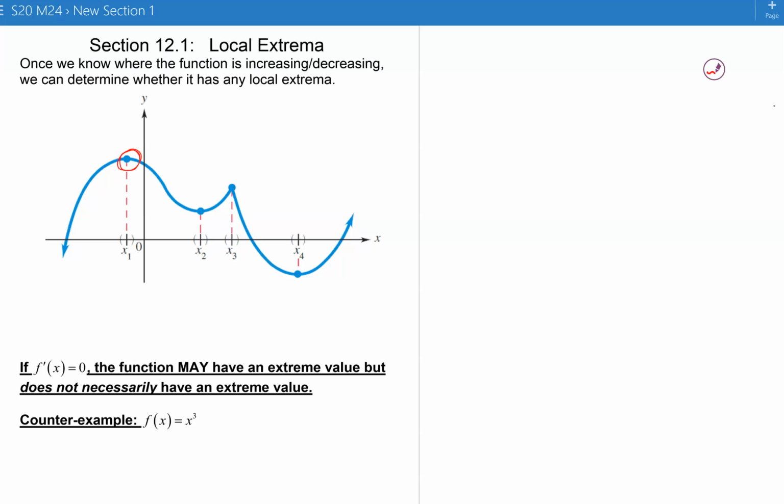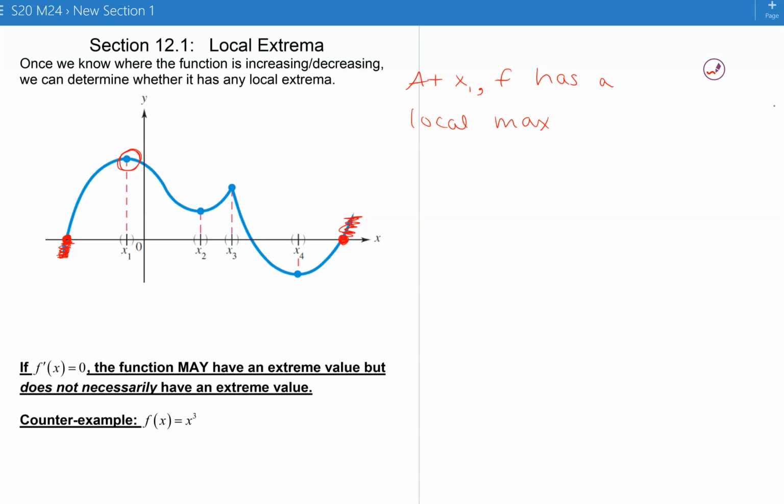And first of all, scribble out the part with the arrows, and let's assume that it's just this little piece of the graph from the red dot to the red dot. So then we would say at x1, this function f has a local max.